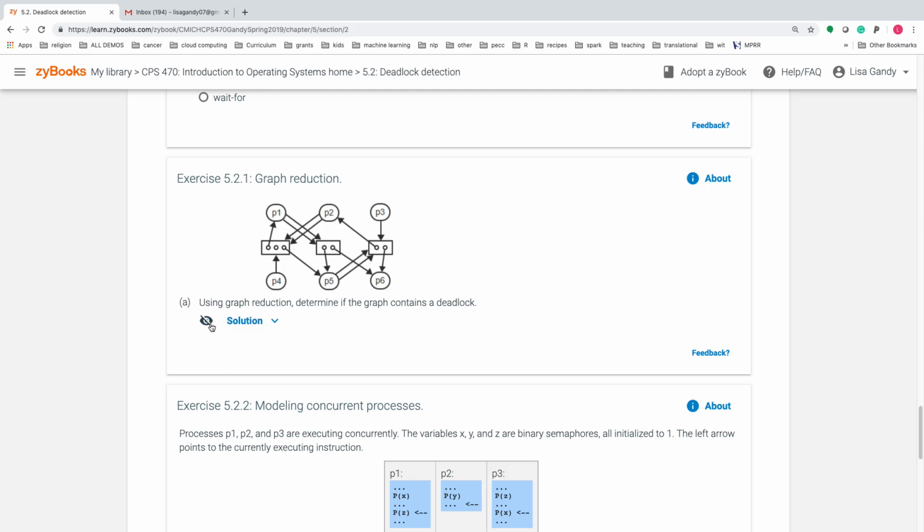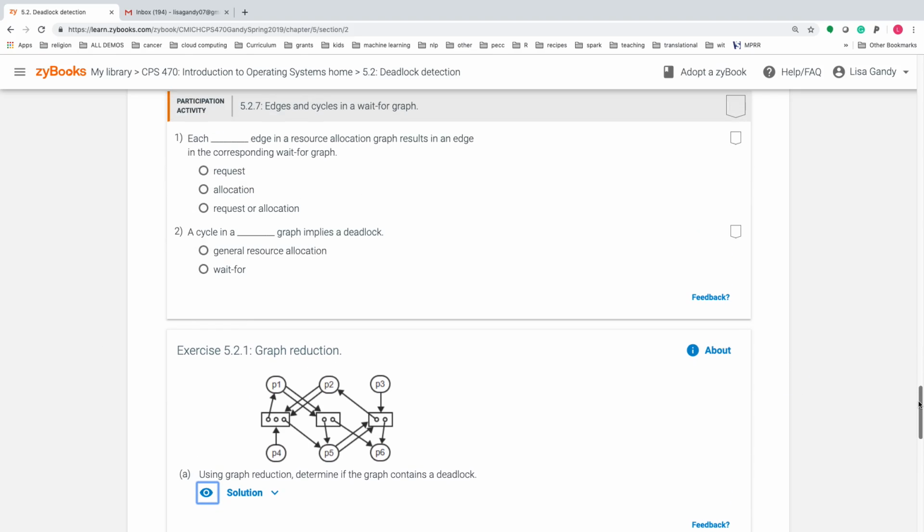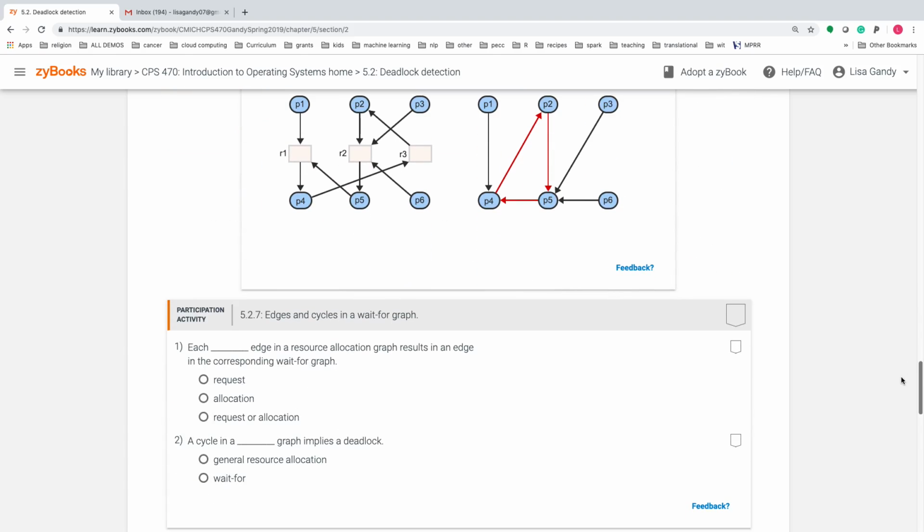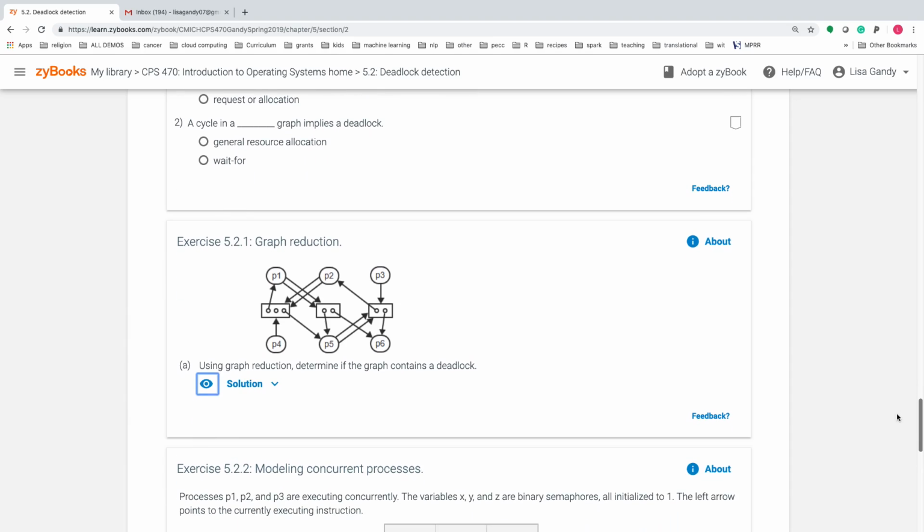I'll make it visible here. Okay, so the first thing to do, let's just work it out on the board, actually, is we want to remove a process that's not blocked.